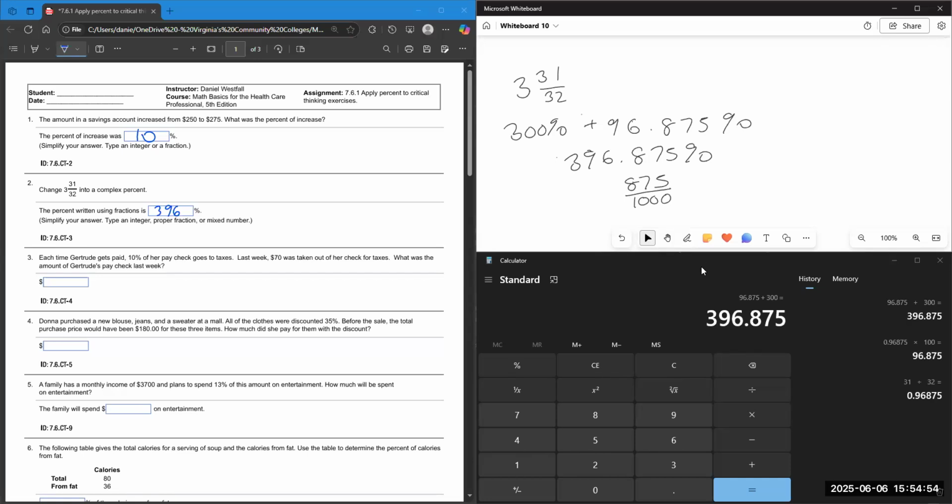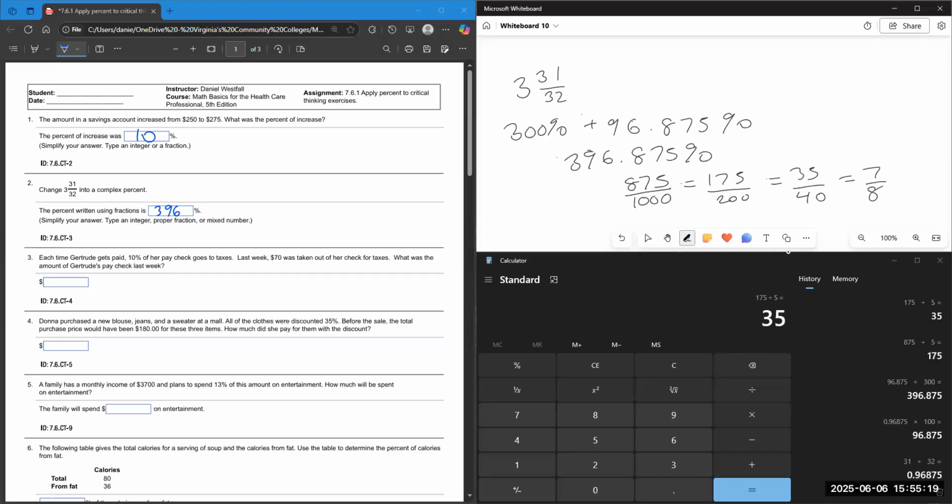So let's divide by 5 first. 875 divided by 5 is 175 over, and then this is 200. That's still divisible by 5. So that's 35 over 40. That's still divisible by 5.